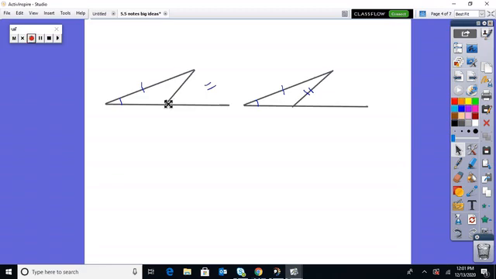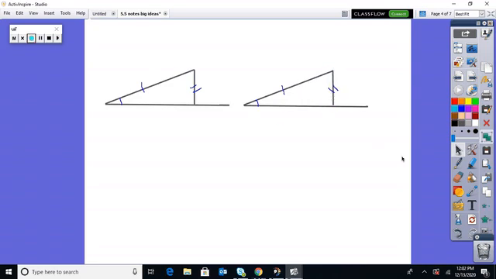Well, here's how you can think of the HL working. What if you were straight up and down? If you made a right angle here, then the slashes that were there, and I changed this one as well, you can see how if it's straight up and down, you would be locked into the same exact triangle.